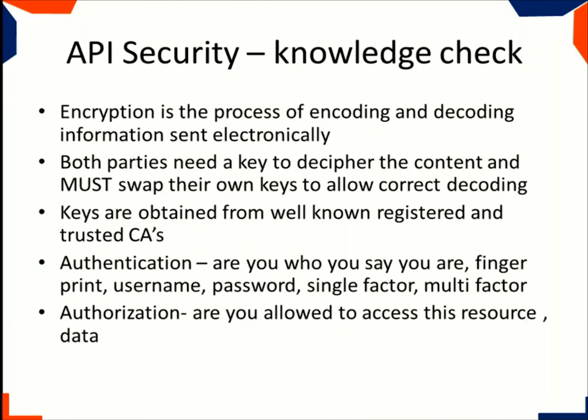Now, what we have covered so far is that encryption is the process of encoding and decoding information which is sent electronically. Both parties need to keep a key to decipher the content and must swap their own keys to allow the correct decoding. And keys are obtained only from well-known, registered and trusted CAs, that is, the certification authorities.